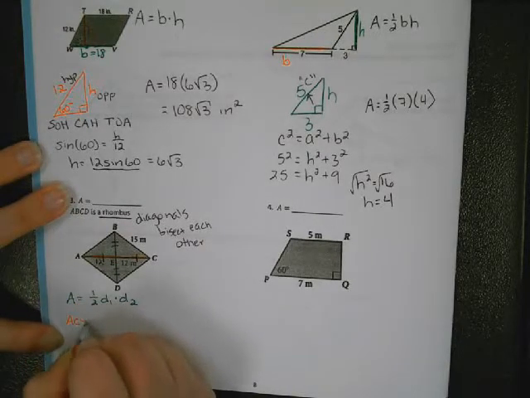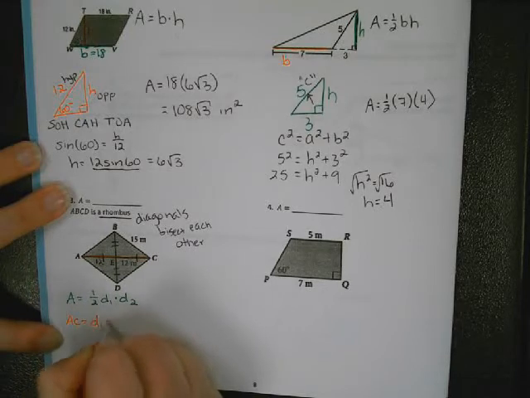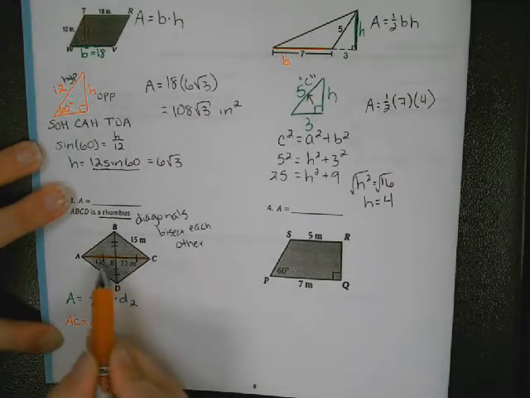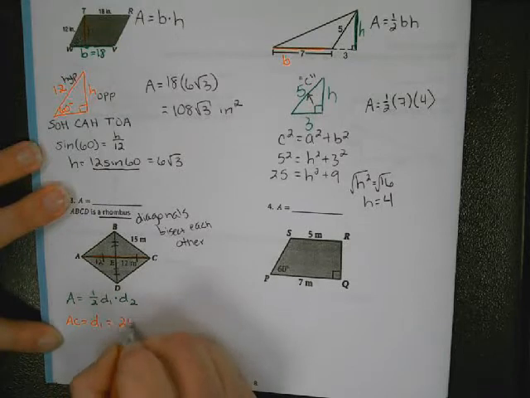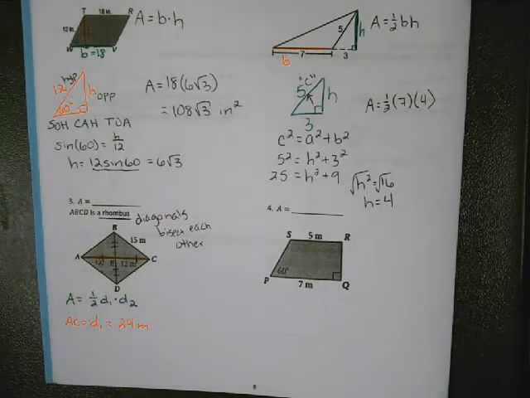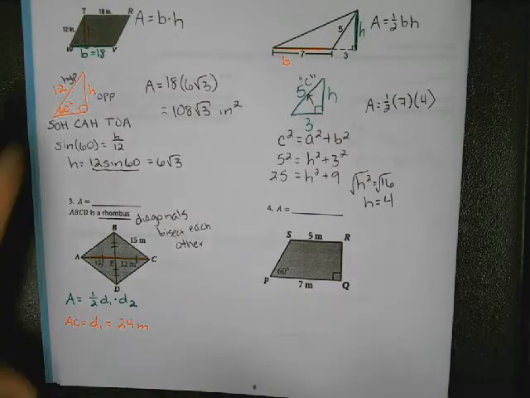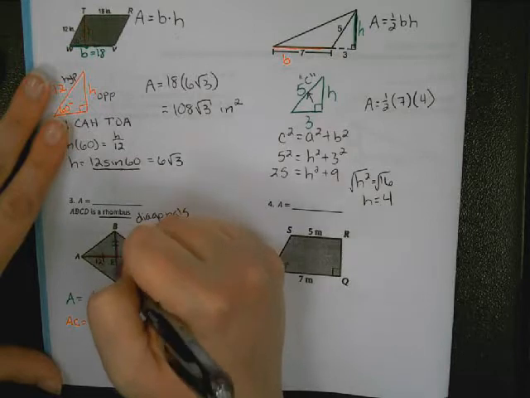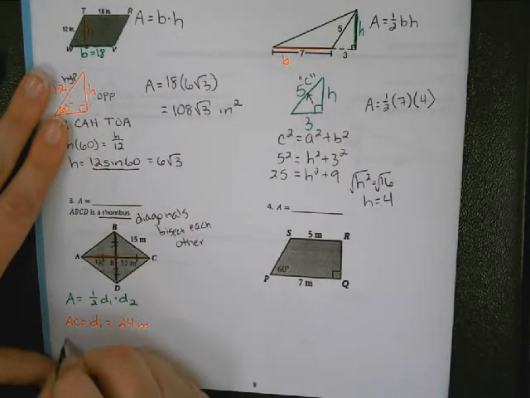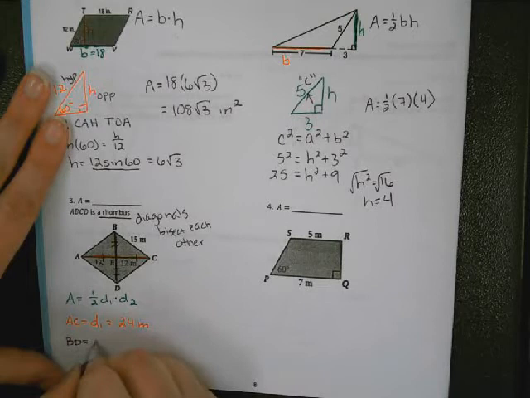Okay? AC is going to equal D1. And because I know that it was bisected, 12 and 12, that means I get AC, which is D1, is 24 meters. Then I'm going to take a look at BD. I'm going to call that my diagonal 2. So BD equals diagonal 2.